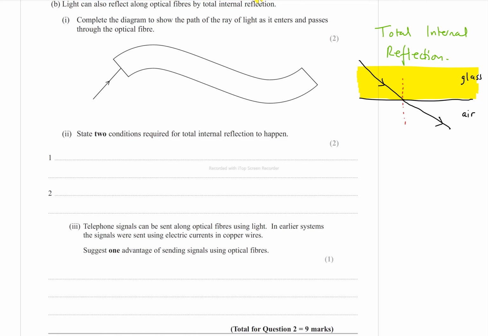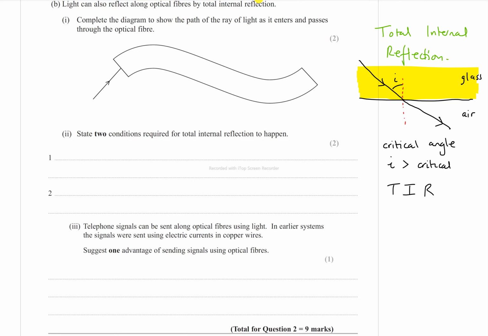Right. Now, this angle of incidence, there's something called a critical angle. If the angle of incidence is greater than or equal to the critical angle, you get something called total internal reflection.